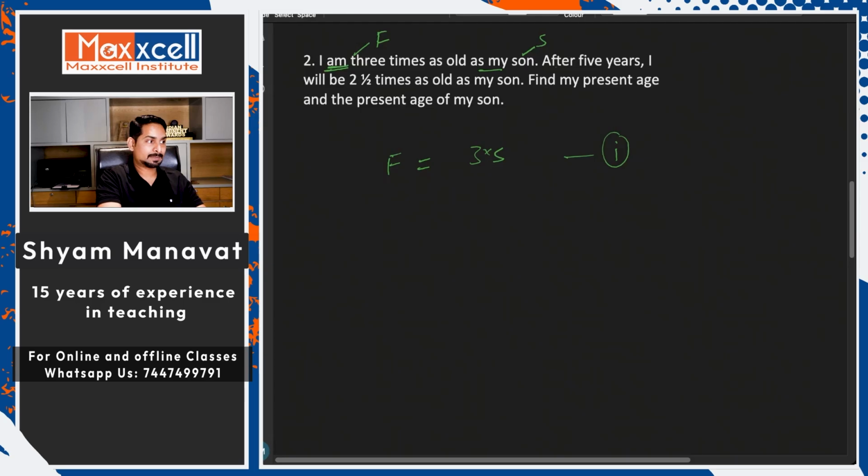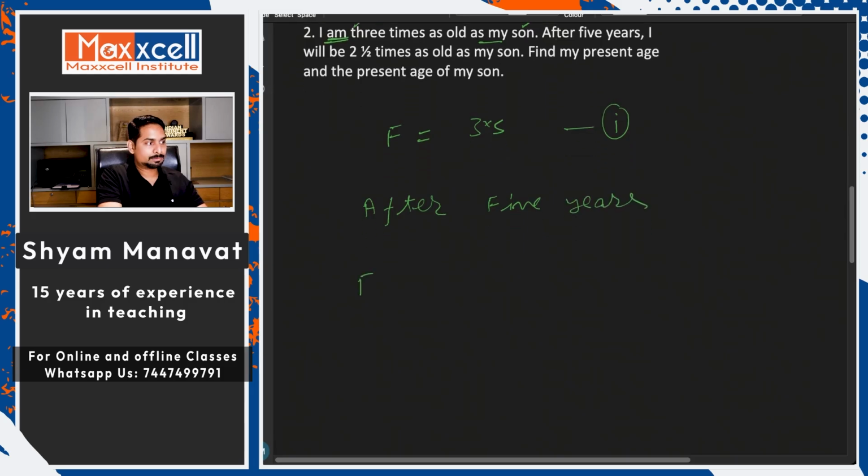After 5 years. First of all, let's see after 5 years. Father's age should be F plus 5 and son's age should be S plus 5. Present age plus 5. Correct?